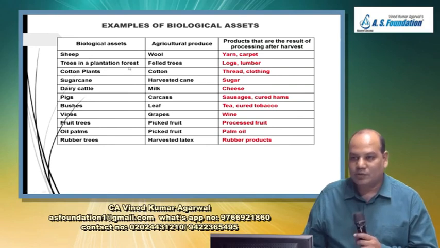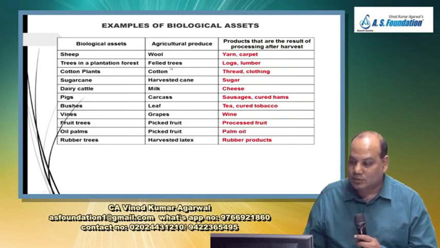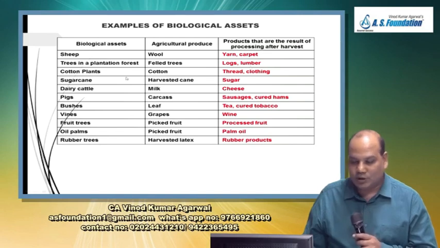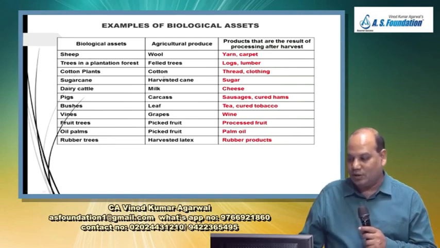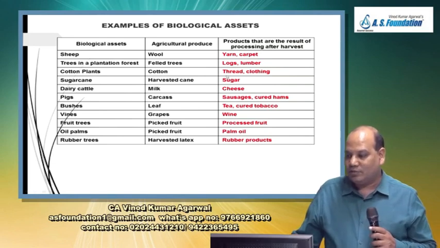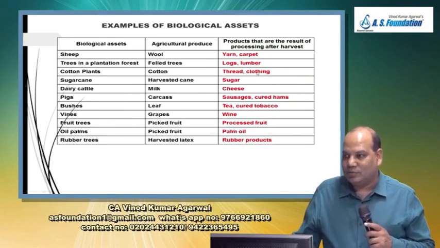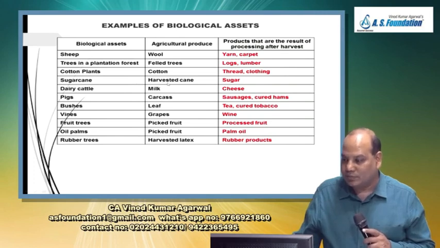Trees in a plantation forest, yes. Felled trees up to the point of harvest, yes. But once it is converted into logs or lumber, no. Cotton plants, cotton, yes. Thread, clothing, no. Sugar cane, harvested cane, yes.